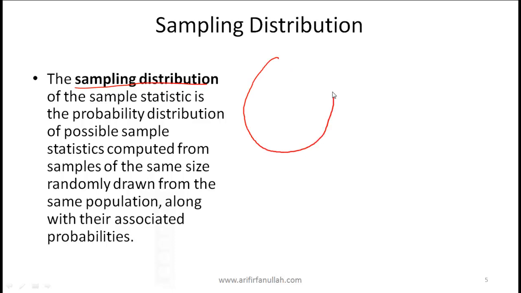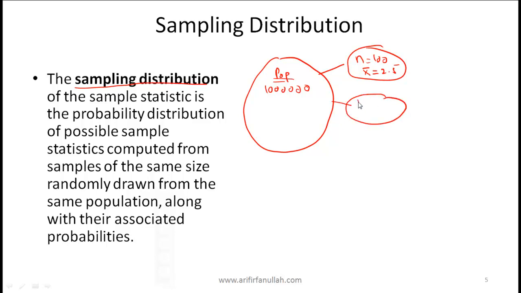Going back to our example where we have a population with 1 million stocks. If you draw a sample of n equals 100, this sample will have a certain mean. Let's say first it is 2.5. Then you draw another sample again with n equal to 100.